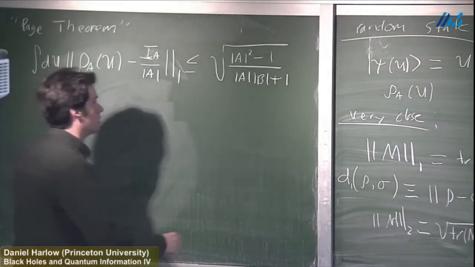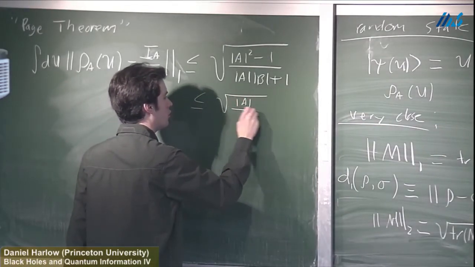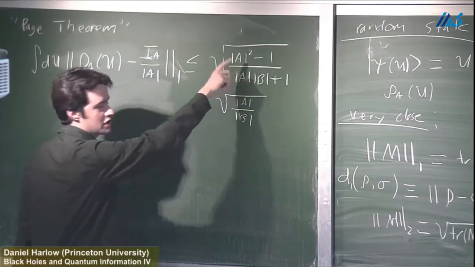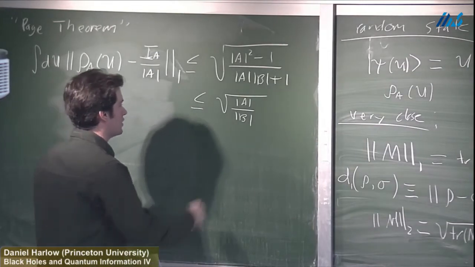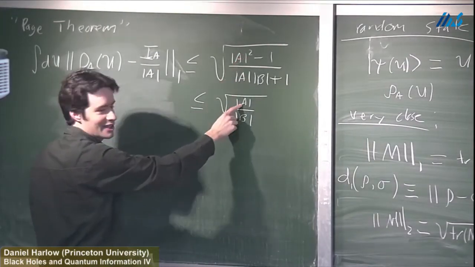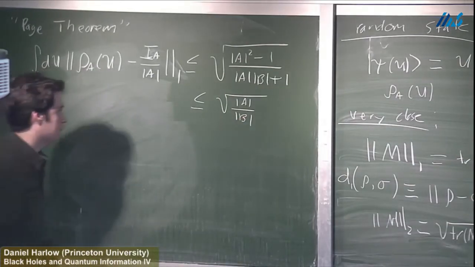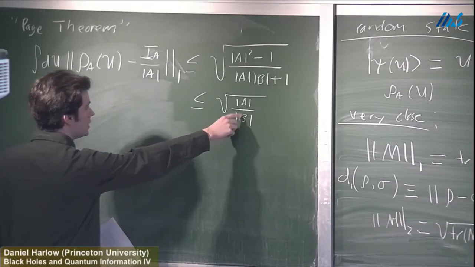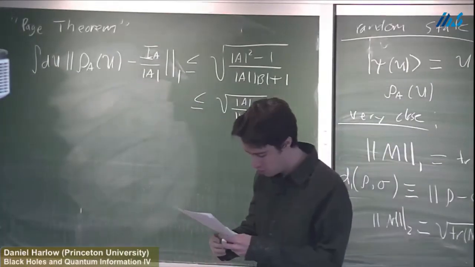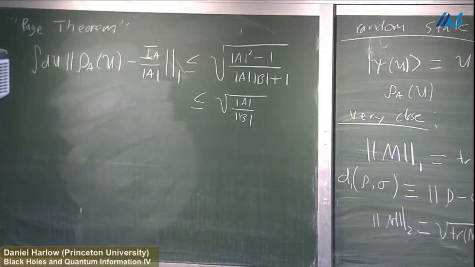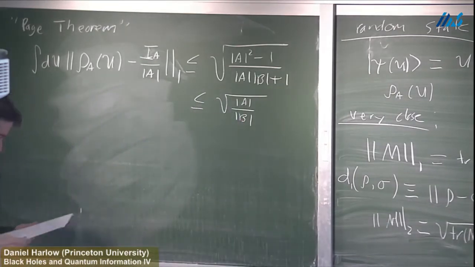So this is less than the square root of A over B. By staring at this function, you can convince yourself of that, because this makes the numerator bigger and it makes the denominator smaller. So if B is big compared to A, then this is extraordinarily small. So just looking at a small subsystem, we expect it to be maximally mixed.